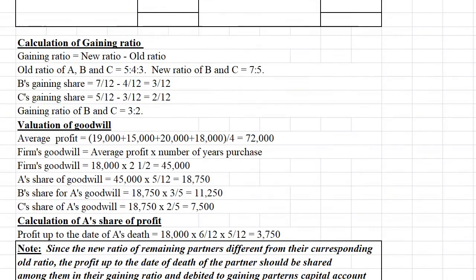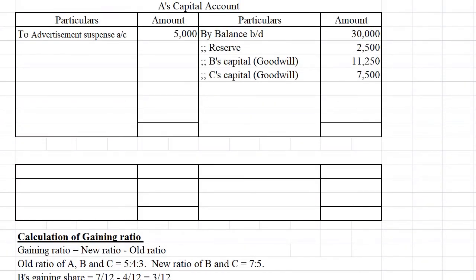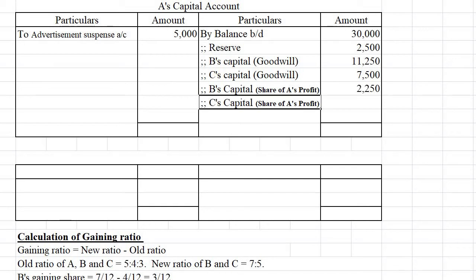So let us write the journal entry here. In A's capital we will write by B's capital how much? 2,250, and by C's capital 1,500.